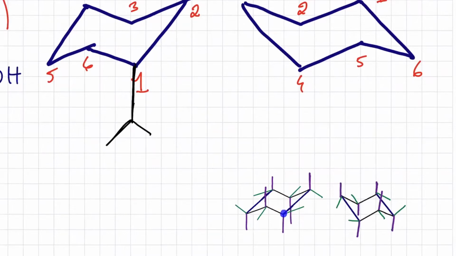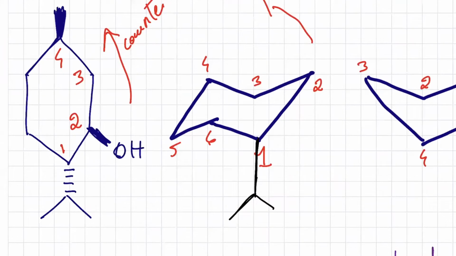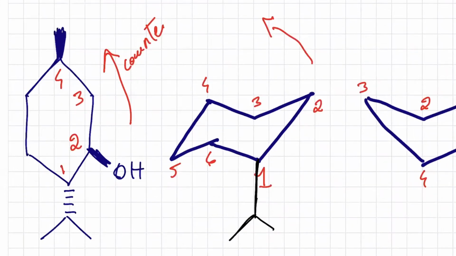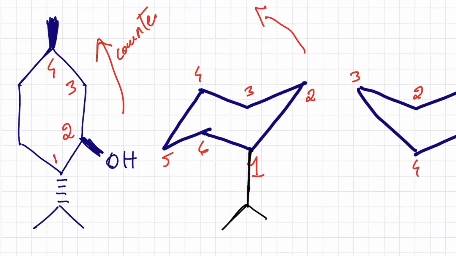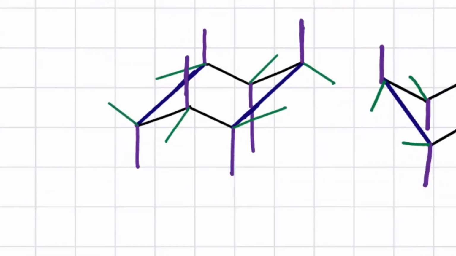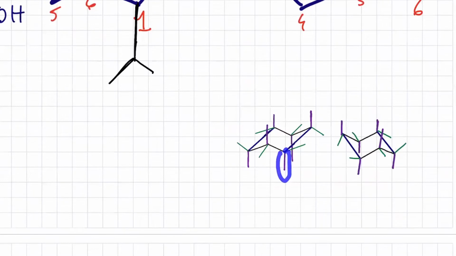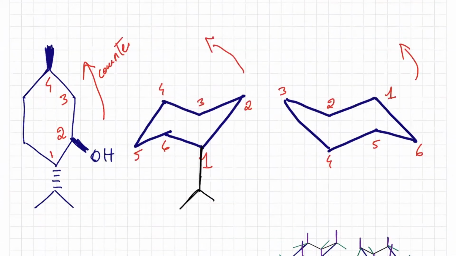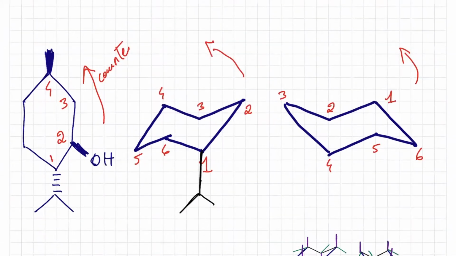And at this position, I want to put it pointing down. So I'm going to put down, right? I put it axial. Look at this. Yeah, this position down is axial. And remember, in any line structure, we don't need to represent the hydrogen. We already know there's a hydrogen. Here, there should be a hydrogen pointing in the equatorial position up, but we don't care about it. We're not gonna represent it.